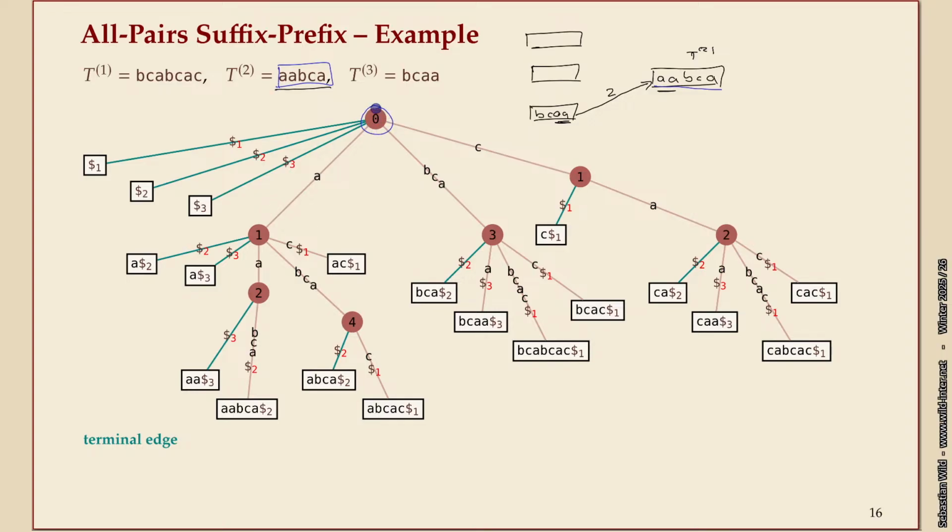I'll start at the root and go down A, and then BCA, and then I'm at the leaf. And whenever on this journey there's one of those green marked leaves, namely those that just have a dollar symbol, that means there's some other suffix of some other string that is essentially done at this point, apart from the end of string marker.